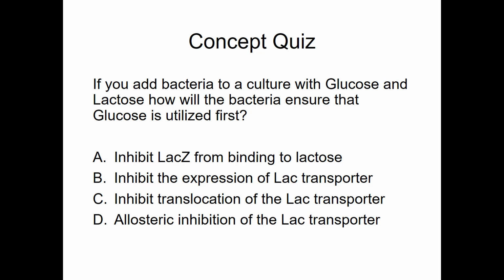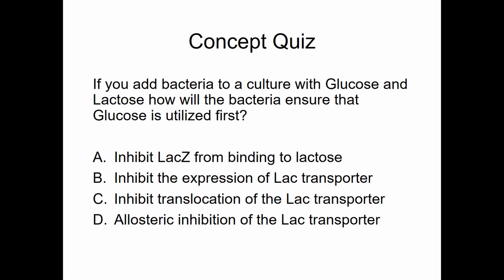So remember, glucose actively represses the expression of the LAC operon because it doesn't allow for the expression of cyclic AMP. However, when glucose is absent, cyclic AMP can be generated and then allow the LAC operon to be expressed. So in this case, the correct answer is B, glucose inhibits the expression of the LAC transporter.